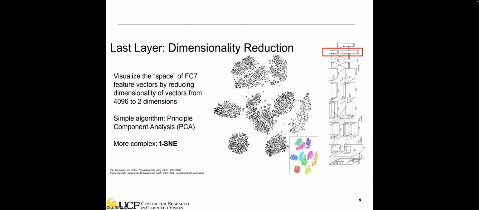You take the last FC layer features of all these training images, do PCA compression to 2 dimensions, and plot these 2D points. Each training sample becomes a point, because we compress them into 2D. And you can plot them and see how these training samples are distributed.